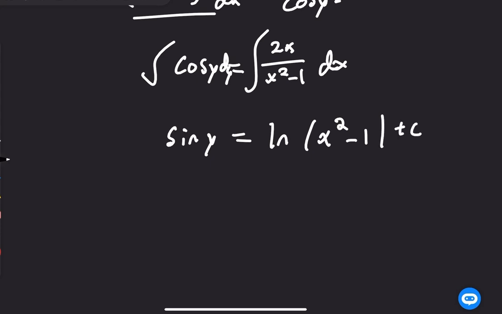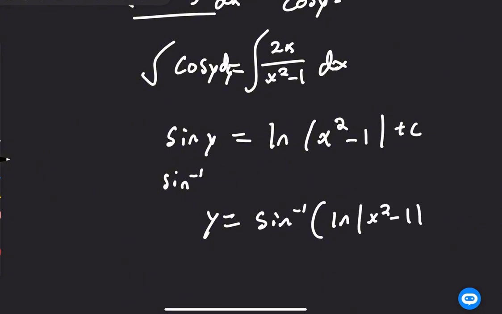And now what do we need to do? We need to take the inverse sine, sine to the negative 1, of both sides, and that'll leave us with y equals inverse sine of natural log of x squared minus 1 plus c.